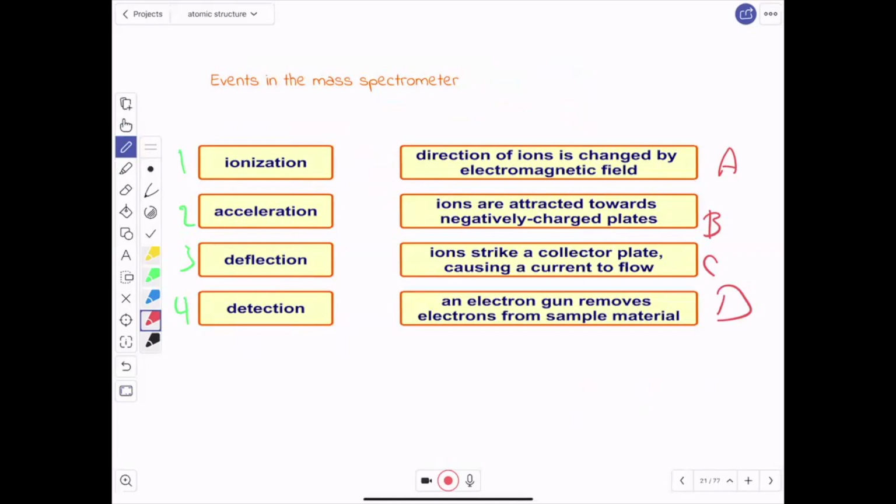So what does ionization stand for? A. It is when we use the electron gun to shoot and knock out electrons. Acceleration.